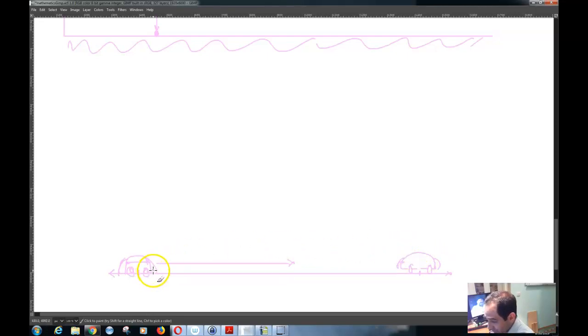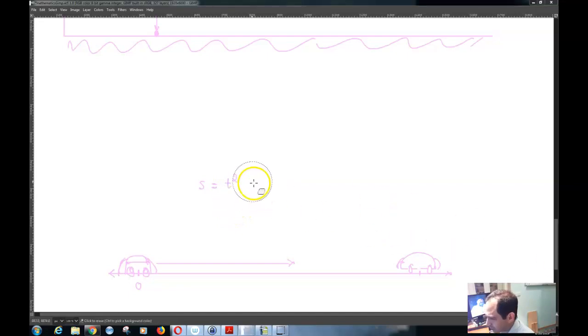Suppose that, if I take this point as zero distance, the distance of this car along this road at any moment in time is given by this equation. For example, S is equal to t squared.